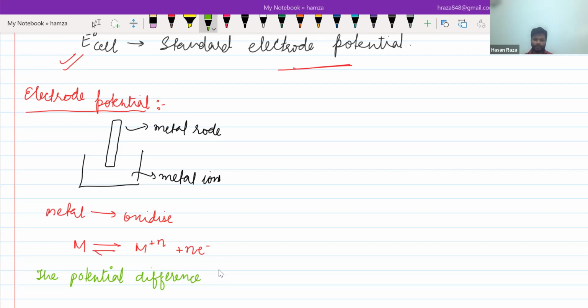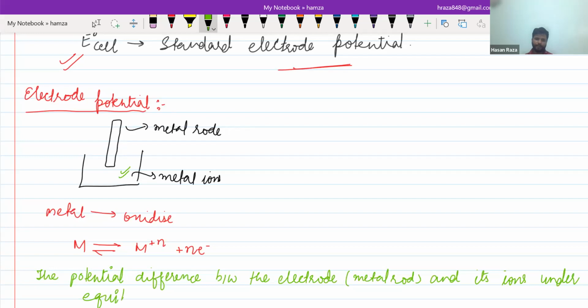Basically, the potential difference between the electrode, that means the metal rod, and its ions under equilibrium is called electrode potential.